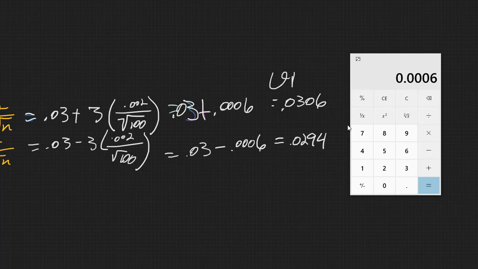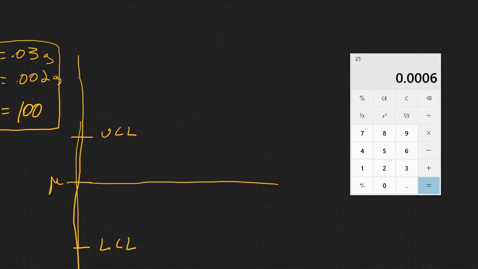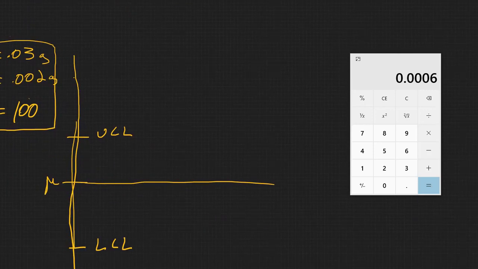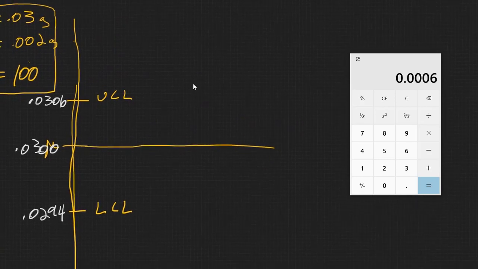This is my upper control limit, and this is my lower control limit. So that's great. Now we have that. Let's go back to our chart. My upper control limit is 0.0306. My mu is 0.0300 if you want to be precise. 0.0294 is my lower control limit, and we are good to go.